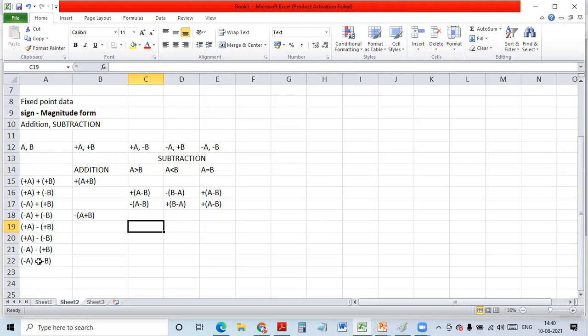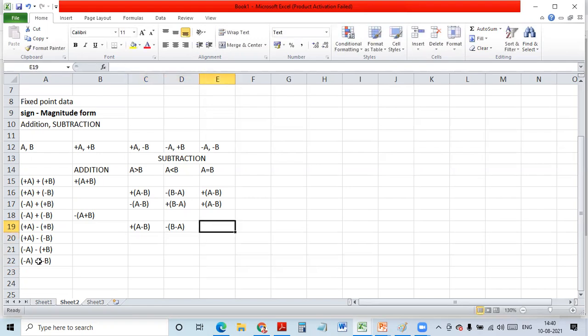If A is greater than B, then the result is plus of A minus B. If A is lesser than B, the result is minus of B minus A.